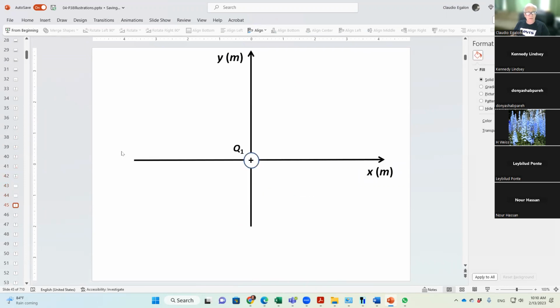Charge, x-axis, next will be the y-axis. And then we visualize, and think about what would happen if I put another charge there in the xy space. You already know that there will be a repulsive force between those two charges. In that specific charge, the force is going to be away from Q1.